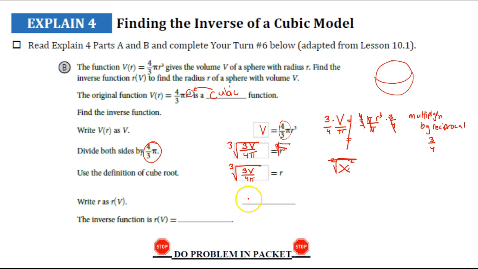And we're just going to rewrite that so that it is r of V equals the same exact thing. We're going to just copy it right on down. Essentially, the inverse function would be, again, copying it down for a third time, the cube root of 3 times V over 4 pi.